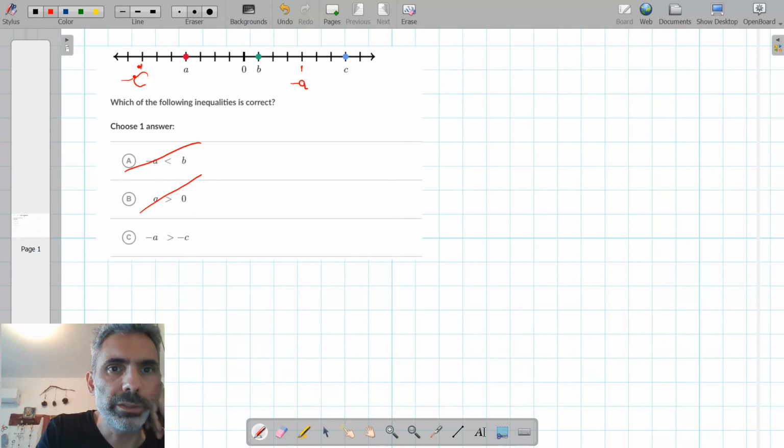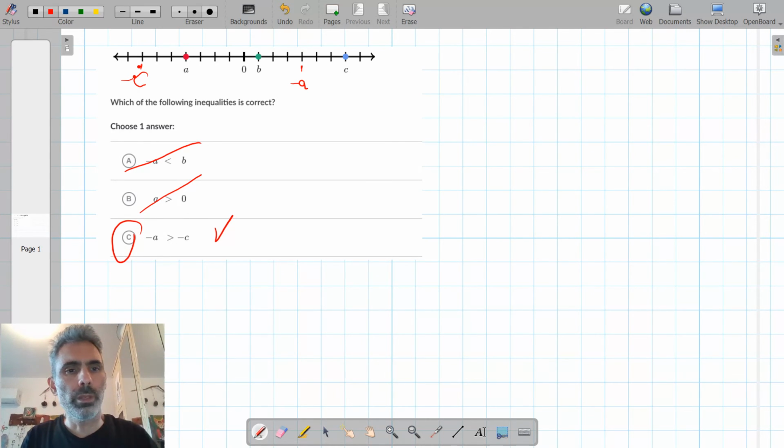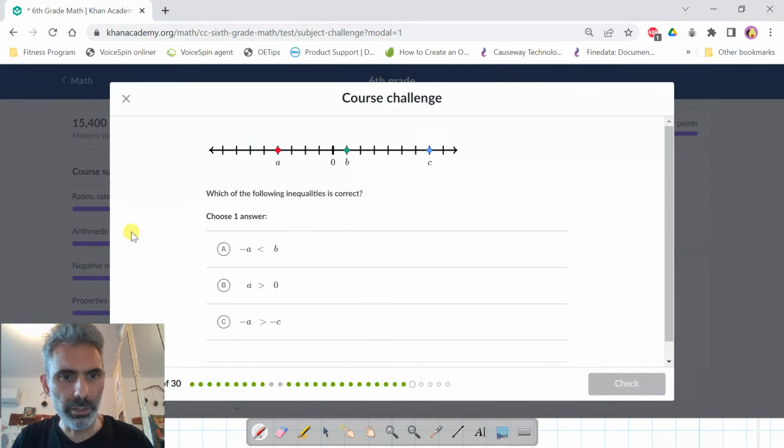So minus A is indeed greater than minus C. Choose one answer, so the answer is C.